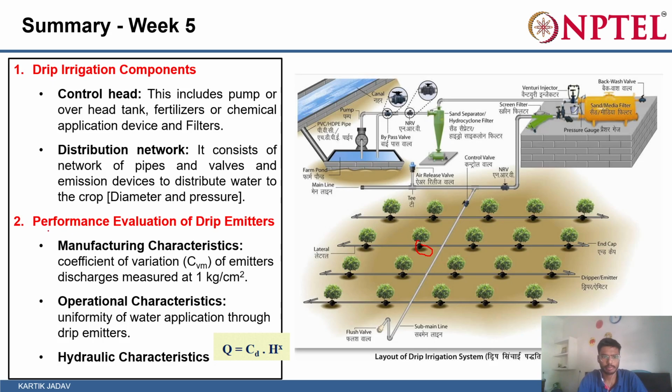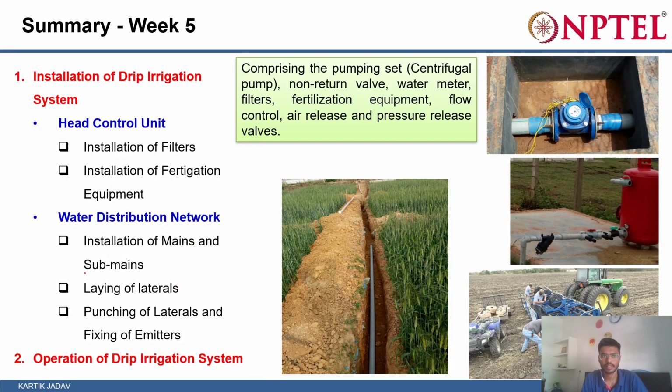We have also talked about the performance evaluation of drip emitters using various manufacturing characteristics, operational characteristics, and hydraulic characteristics. Then in continuation, we talked about the installation of the drip irrigation system.